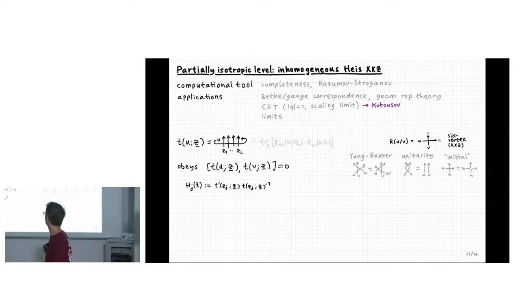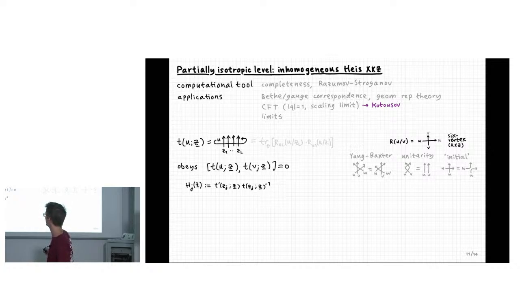Okay, so this is a motivation for this inhomogeneous Heisenberg spin chain. By the way, remember that I'm really talking only about finite length here. So what we do is the usual thing. We take an R matrix, the 6-vertex or XXZ R matrix, which obeys all our favorite identities: the Yang-Baxter equation, unitarity, and initial conditions. And then we make the transfer matrix, which is graphically a product of R matrices, and then I take the trace over it, which I indicate by these little arcs.